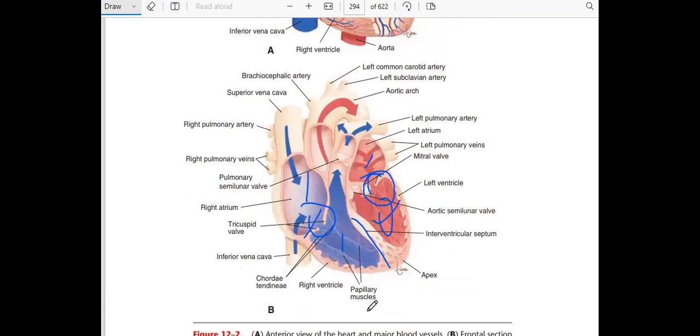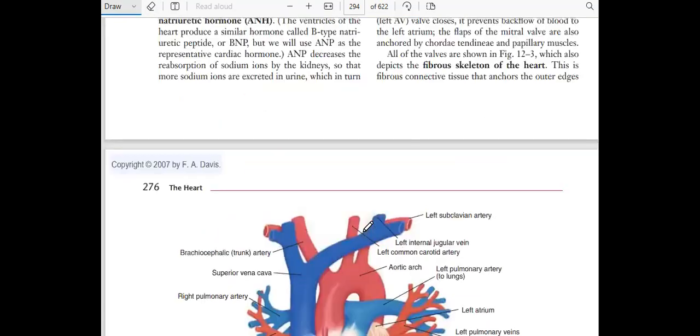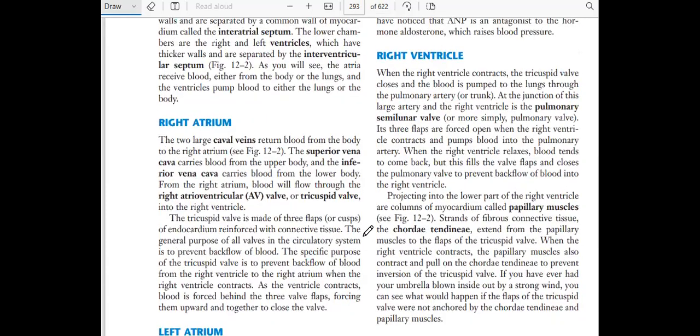You have to remember this. Here we have three valves, so that's the reason we have tri. Here we have two valves, that is the reason we call them bicuspid and tricuspid valves. So I think you understood.